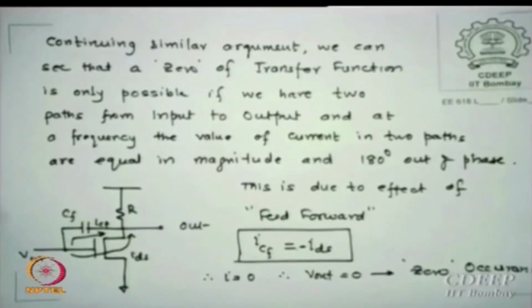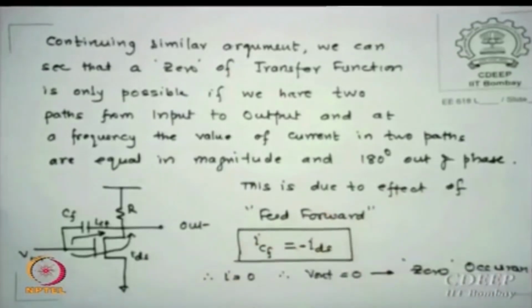Is that clear? So this 0 which people keep talking about is essentially using the same concept as we used in Miller's theorem. I thought right now I should connect to you here that two paths are required to create a 0, otherwise there is no way a function can become 0. It is not a very big thing I am talking about, but this is not understood by many, that is why a 0 suddenly appears.